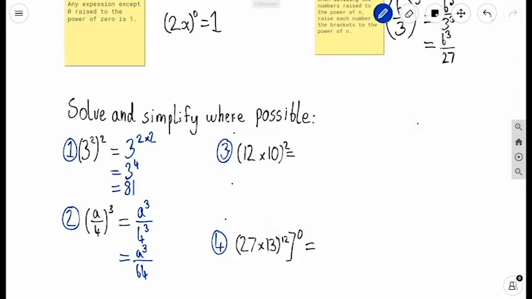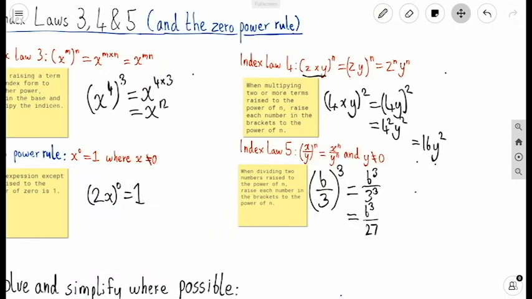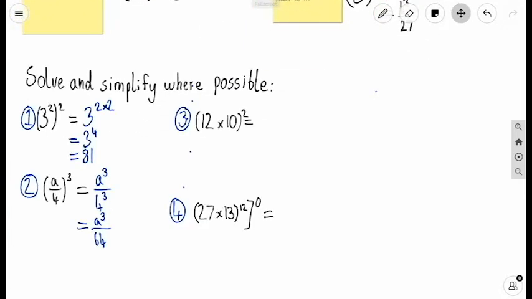So this is index law 4. So let's refer back to it. So we just have to raise each number in the brackets to the power of n, or in this case, the power 2. Okay, let's solve this question. So we can do 12 squared multiplied by 10 squared.